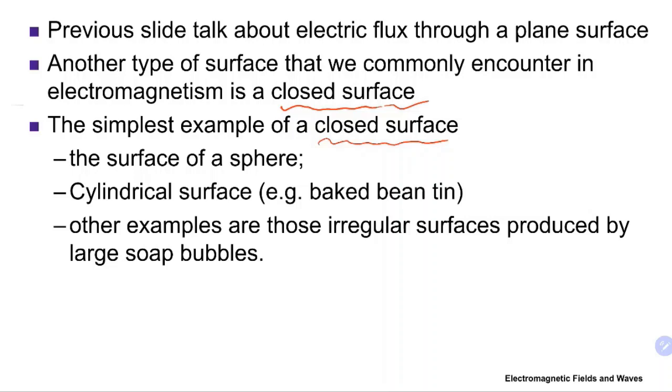So any tin that you have with top and bottom surrounding it is also a closed surface. Or another one is your soap bubble. If you blow a soap bubble, that bubble is also fully enclosed. So all the surface is touching each other. So these are called closed surfaces, and they are important in electromagnetism because we're going to use them in Gauss law.